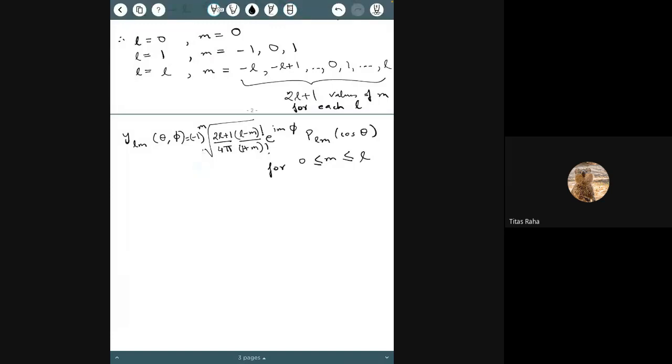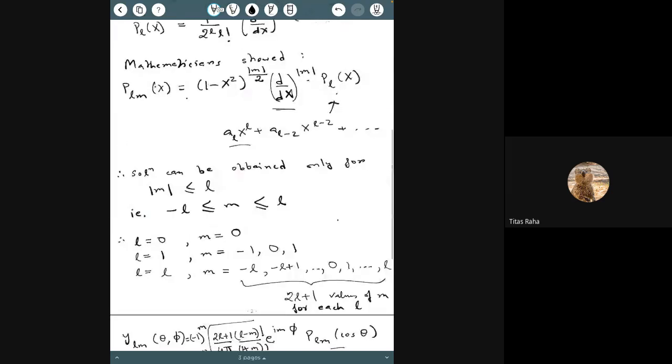So remember we had taken a product function for phi and theta. We had separated the two variables. The solution for the m part was this e to the power i m phi, and then we obtained the solution for P L m. So that is this form that I have written right now.